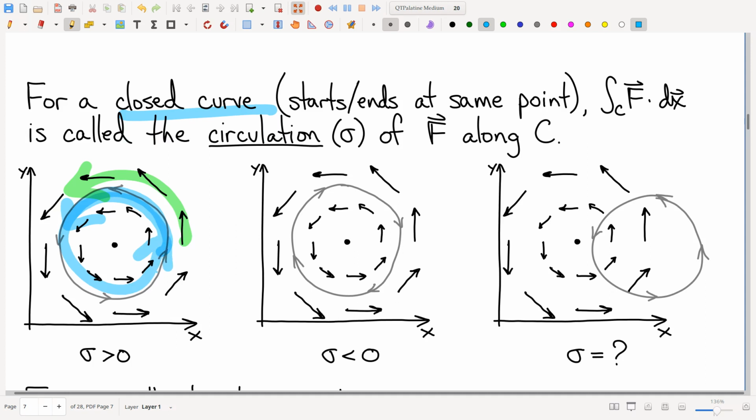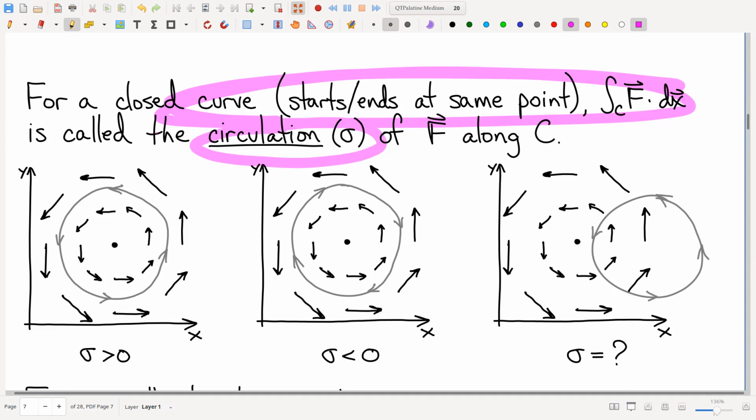So if the curve goes around in kind of a circle, and if the fluid is to some extent doing the same thing, then what we're detecting is the extent to which the fluid is rotating. To what extent does the fluid represent a swirl of some sort, like an eddy current or a little whirlpool in your fluid flow? Does that make sense? Okay. Which I think makes this terminology circulation pretty natural.